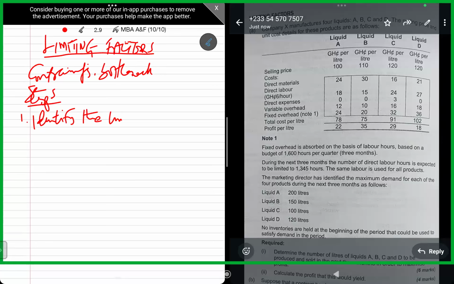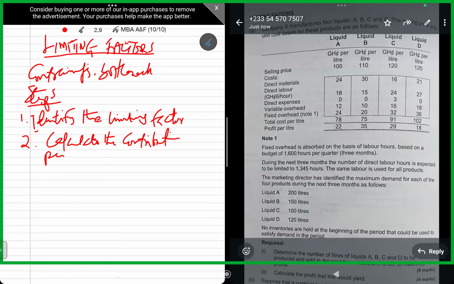What we want to produce is more, but what is available is less. So we have to ensure we economically utilize that scarce resource or bottleneck. Two, we will calculate the contribution per limiting factor.